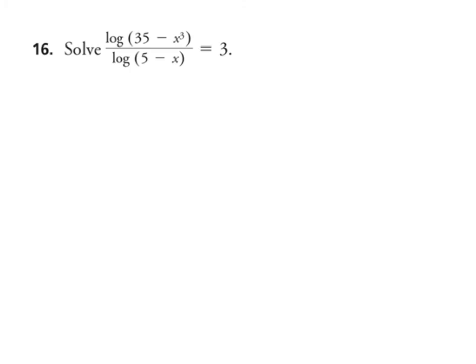All right, number 16, we have to solve this. So let's go: log of (35 minus x cubed) over the log of (5 minus x) equals 3. Let's multiply both sides by log of (5 minus x).